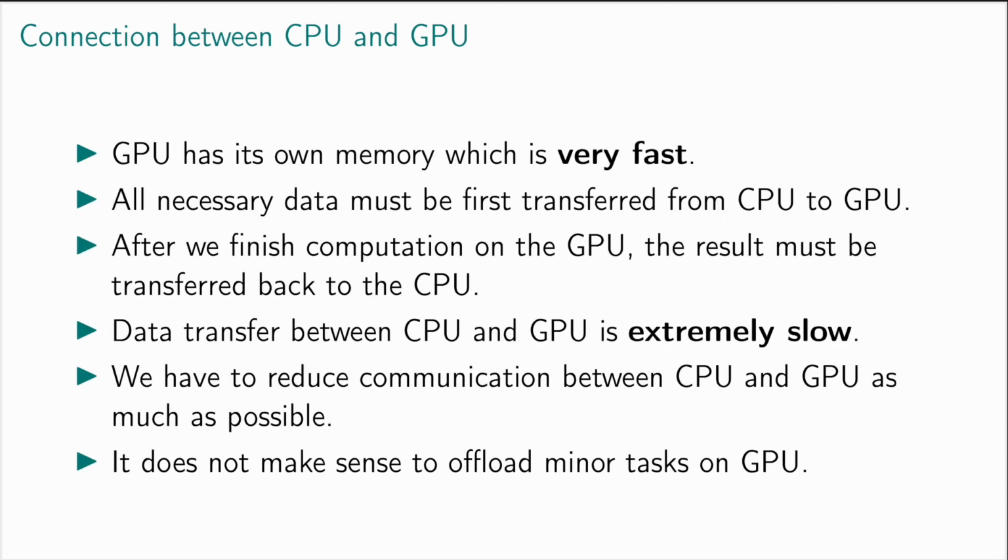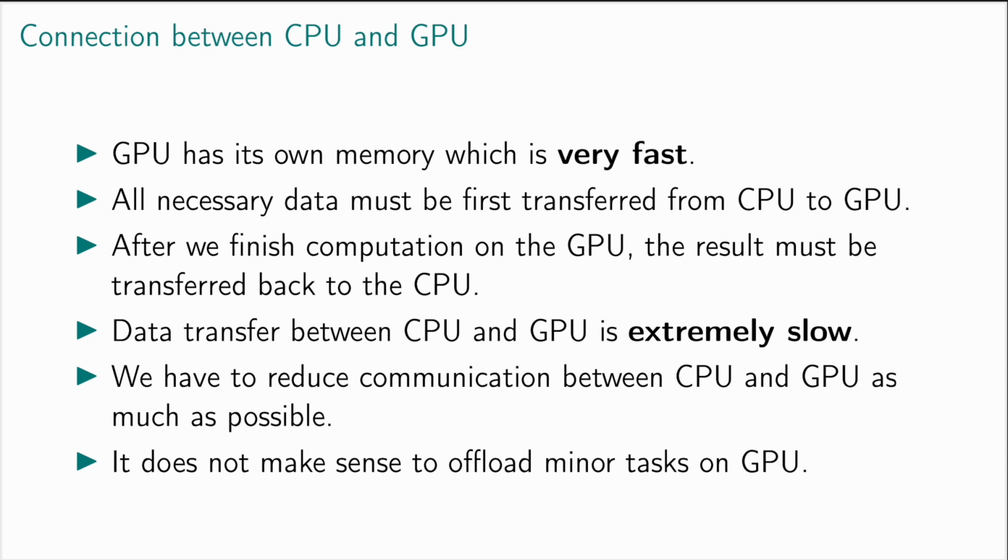What implications does this have for us? First, it's evident that the GPU possesses its own high-speed memory, which is advantageous. However, this also implies that any data needed for computations on the GPU must be first moved from the CPU. Once computations on the GPU are complete, results need to be transferred back to the host.